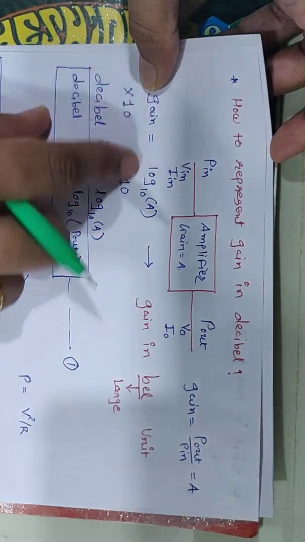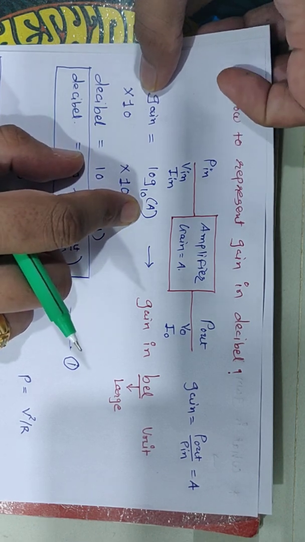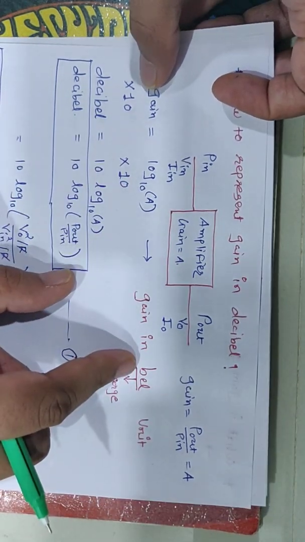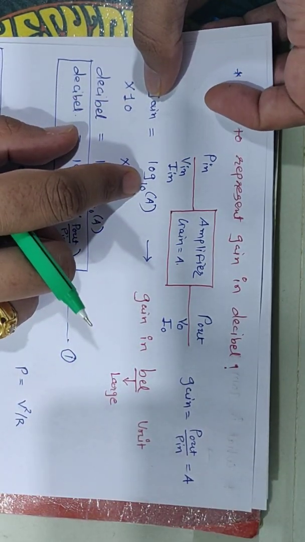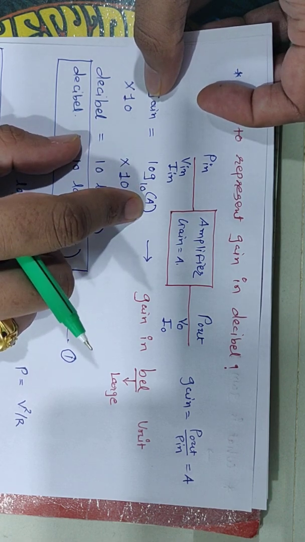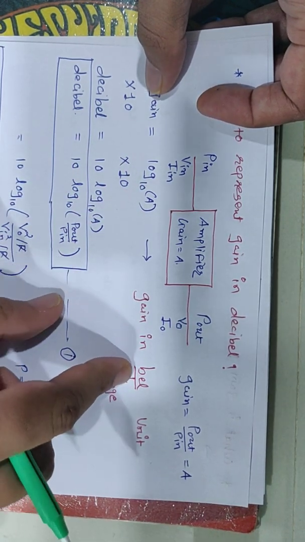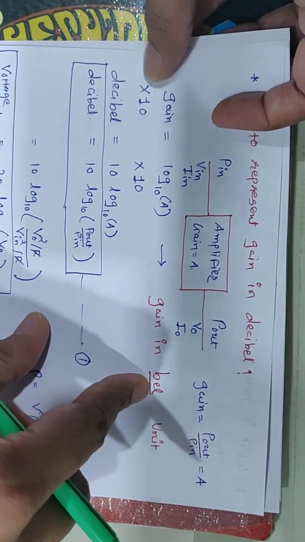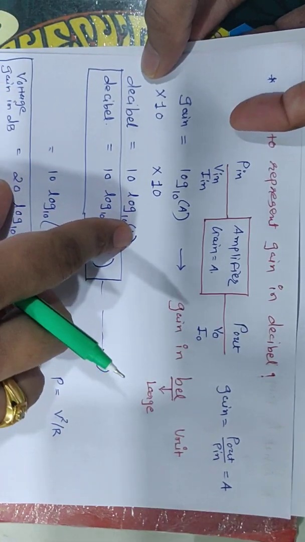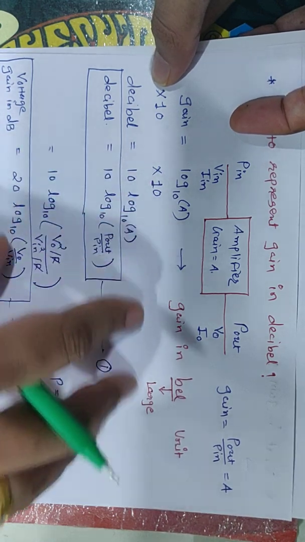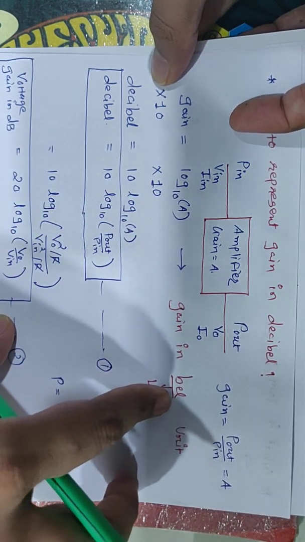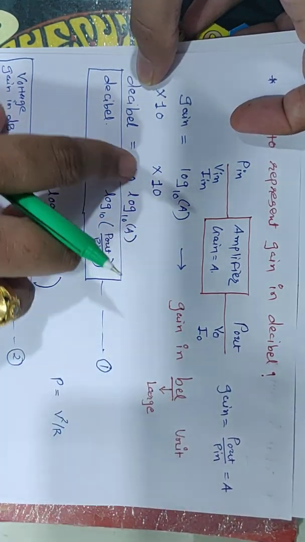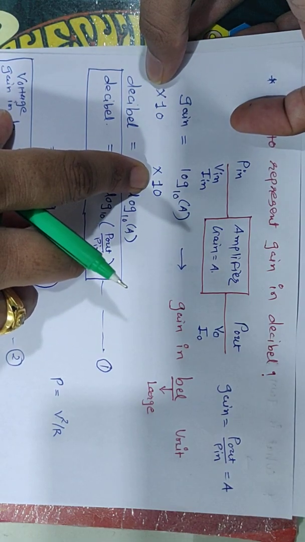If we represent a gain in bel, then we simply have to take the log of our gain. This is the unit bel we use for the gain, but it is a very large unit, so we scale it down into the decibel by multiplying both sides by 10.